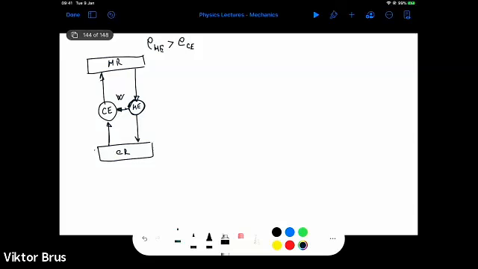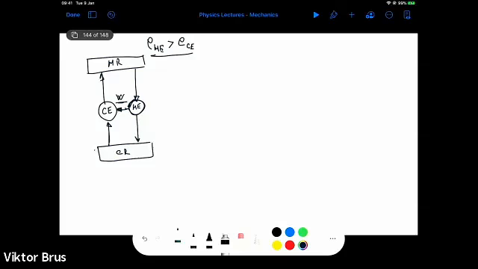Since we assume that the efficiency of the heat engine is higher than the efficiency of the Carnot engine, we can provide all the work done by the heat engine to the Carnot engine, and this work will be more than necessary for net zero heat transfer with the Carnot engine, because its efficiency is higher.